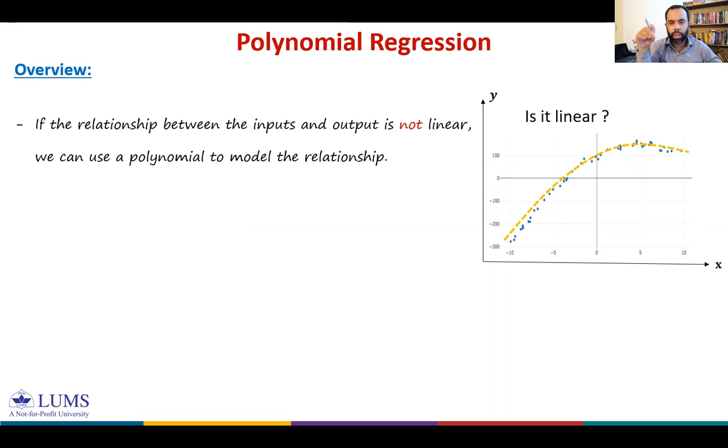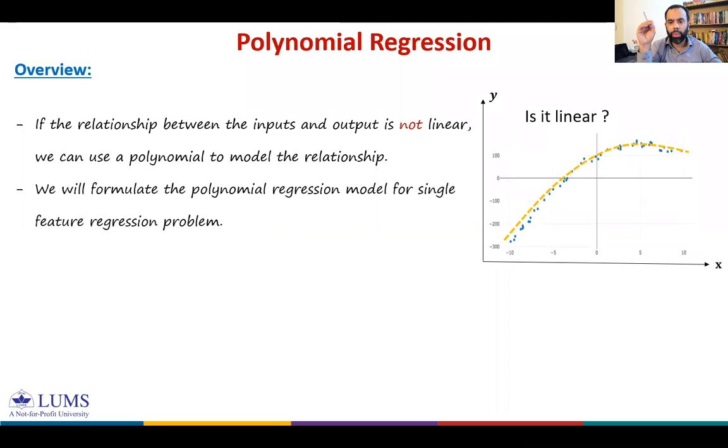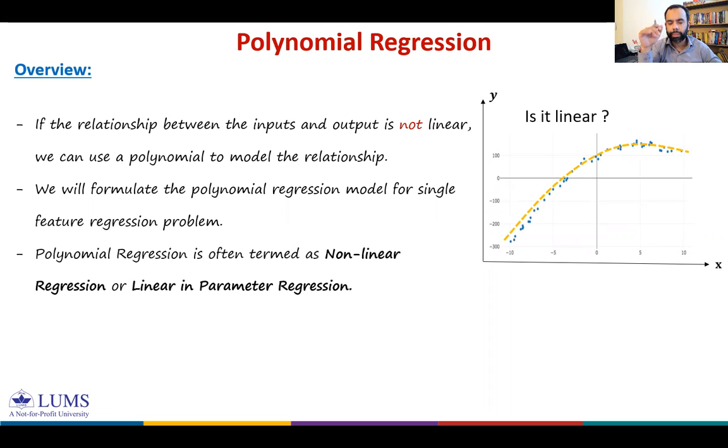In this video, we will formulate the polynomial regression problem for a single feature, single variable regression. We will also see very shortly why we refer to this polynomial regression as linear in parameter regression.